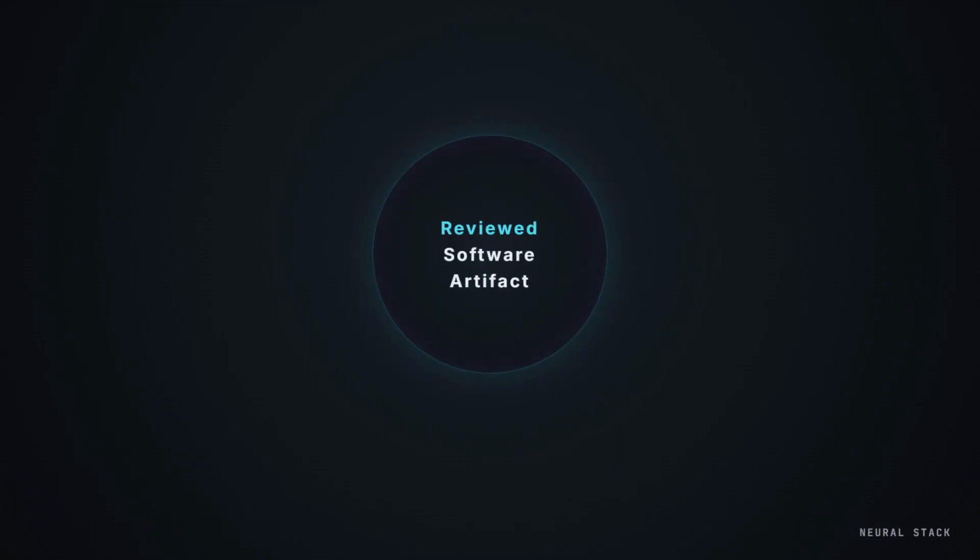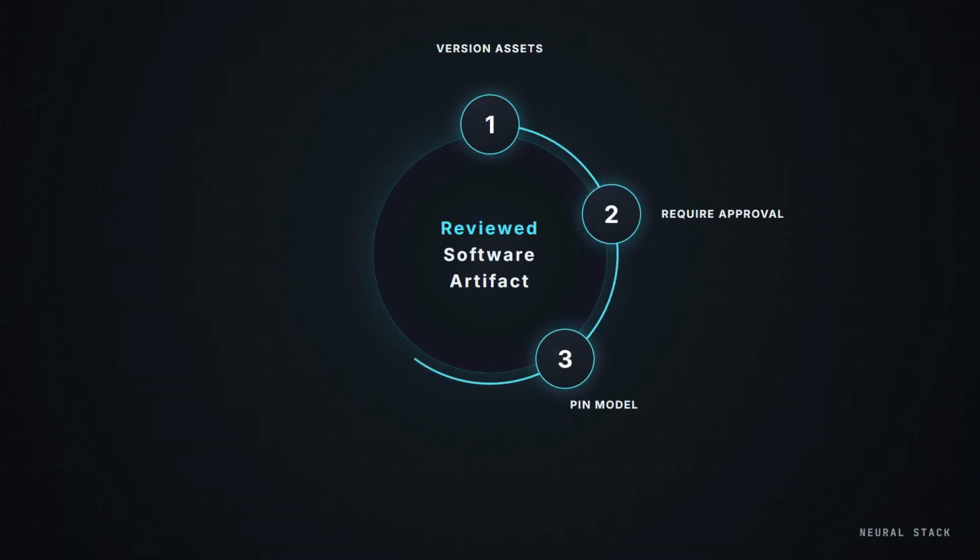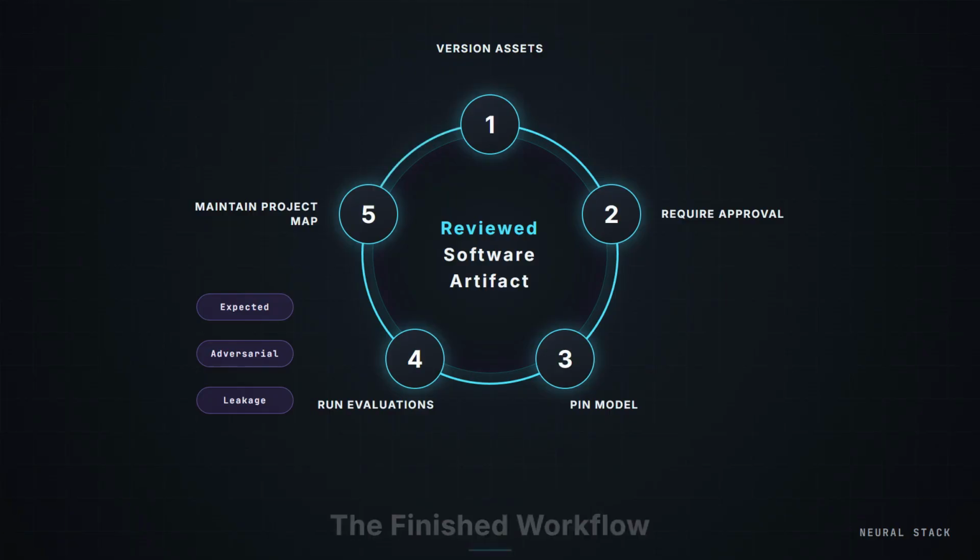Now we can see the completed reviewed artifact loop. First, prompt templates and guardrails are versioned, which makes their changes visible and attributable. Second, behavioral changes require approval, and the review considers the intended effect, instead of looking only at formatting or conventional logic.